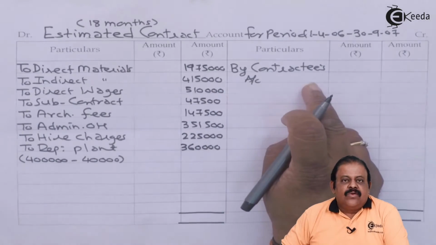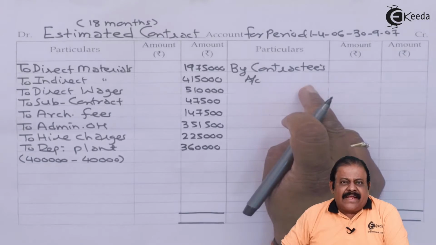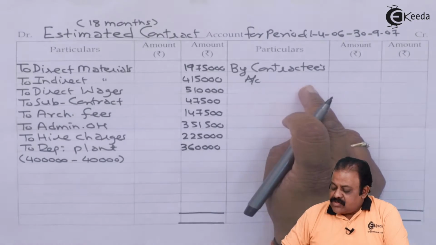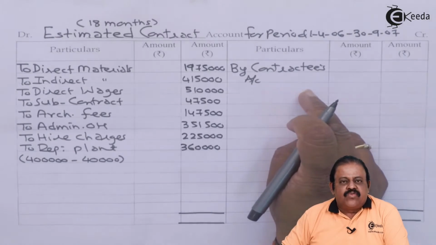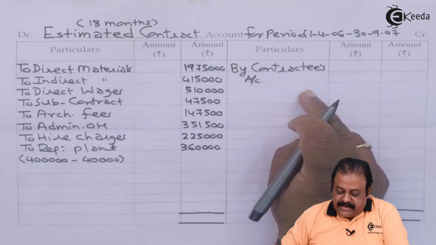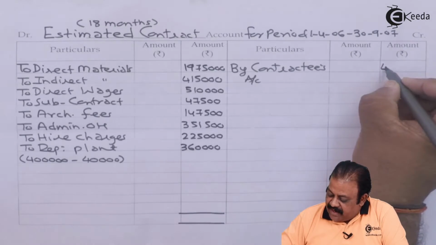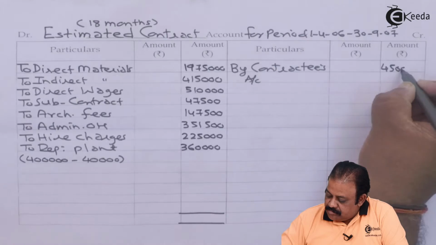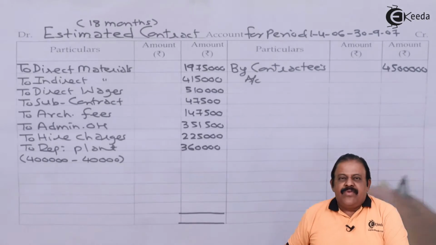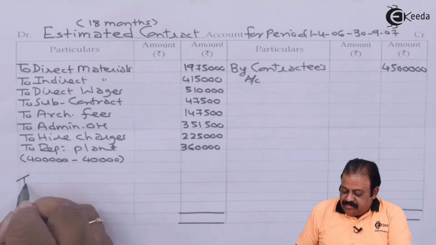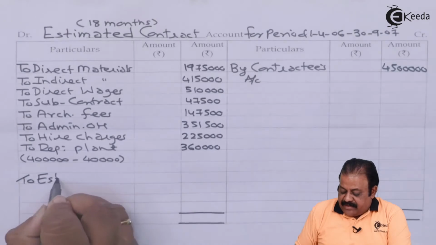On the credit side, we are going to record the contract price, because as the contract will be completed after 18 months, we are going to get the full amount from the contractee. So it will be credited with 45 lakhs. Now we can find out the amount of estimated profit.